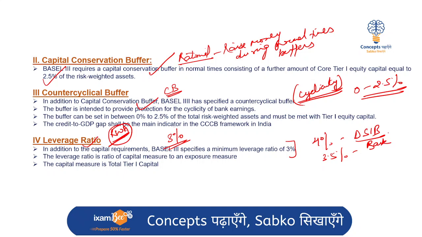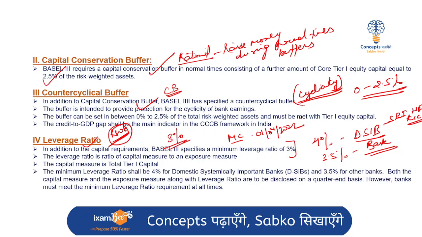Domestic systemically important banks are like SBI, HDFC, ICICI. All these are systemically important. For them it will be higher, and for other banks it is 3.5% as per the master circular of RBI dated 1st April 2022, right?